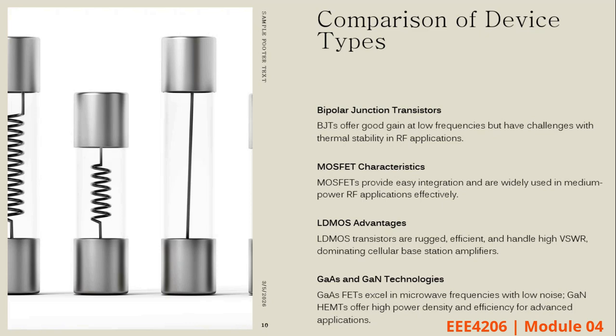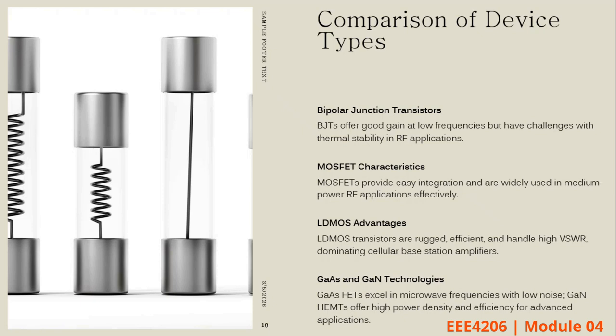Because of these properties, GaN is now widely used in radar systems. Last week, we looked at radar systems, and what is most applicable in radar, because radars use high frequencies, is this GaN type of active transistor.